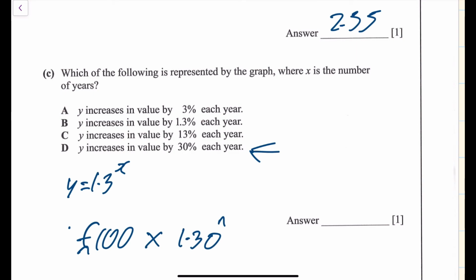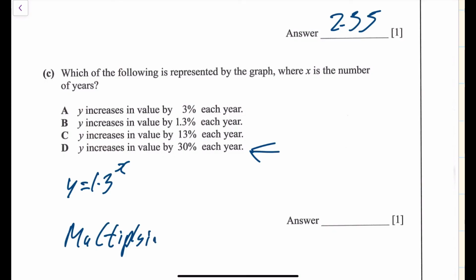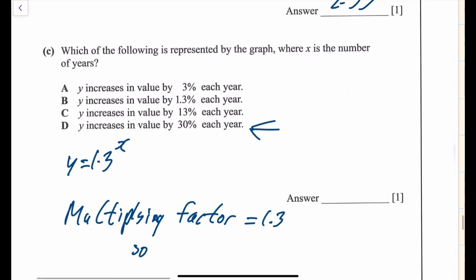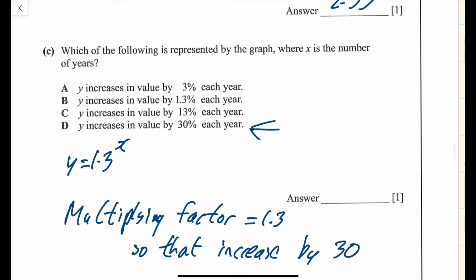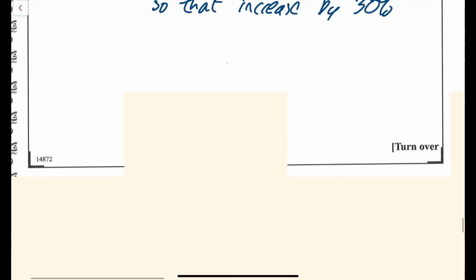So your multiplying factor is equal to 1.3, so that increases by 30%. So that is why it is D. Okay, all you need to do to get that mark is write down D, but just to give you a wee bit of understanding.